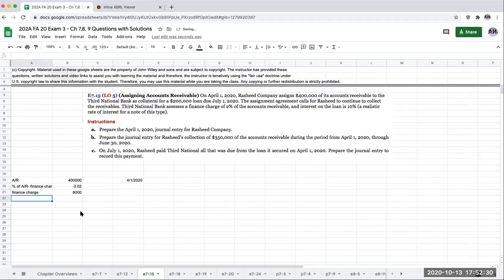The reality is somewhat more like interest expense, but you could call it a financing charge expense. But the cash that we're going to receive is not the $200,000 loan. It is going to be $200,000 minus the $8,000 finance charge.